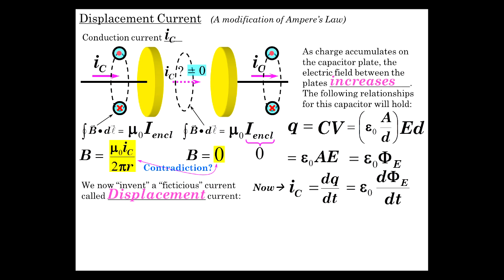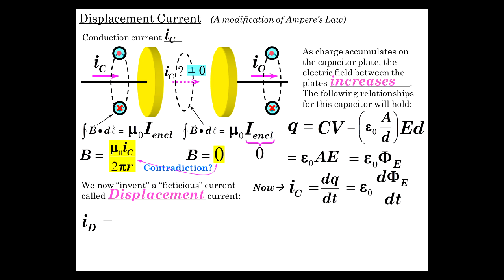Now, a little trick that may seem a little gratuitous to you, but hang in there. Let's invent a fictitious current and call it displacement current. The displacement current is defined to be consistent with the conduction current, because we have something passing through here, right? We have conduction current, nothingness, and then conduction current again. No, there's something going on there, so that from this side to this side, it doesn't look like anything has changed.